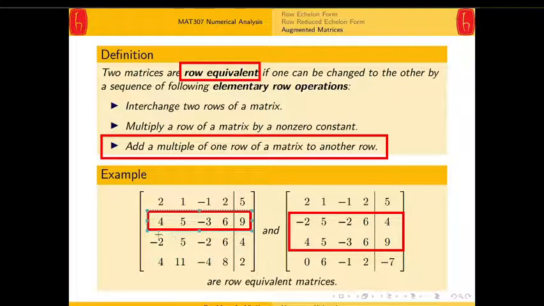So in the last row, 4 minus 4 is 0, 11 minus 5 is 6, negative 4 minus negative 3 is negative 1, 8 minus 6 is 2, and 2 minus 9 is negative 7. We interchanged two rows and added a multiple of one row to another row.